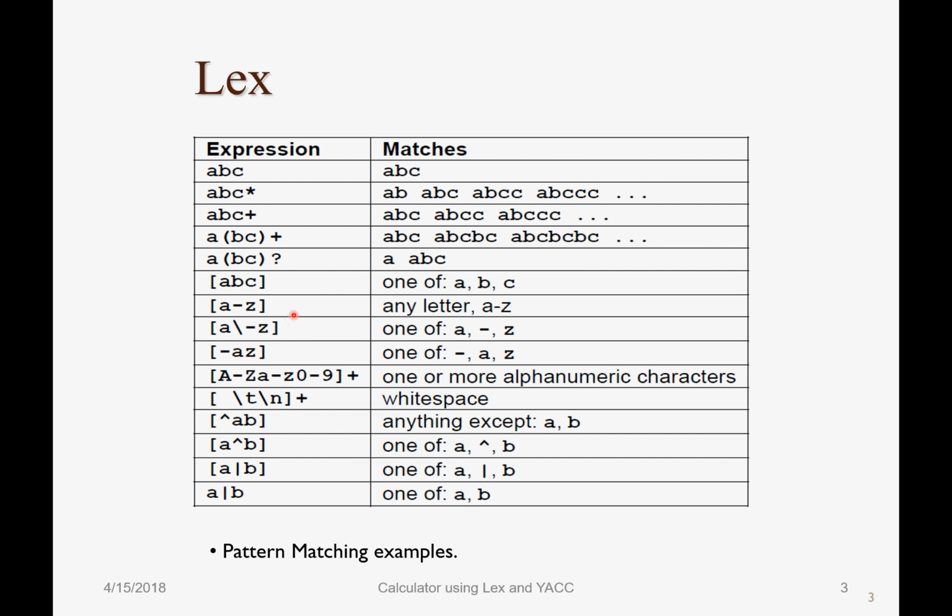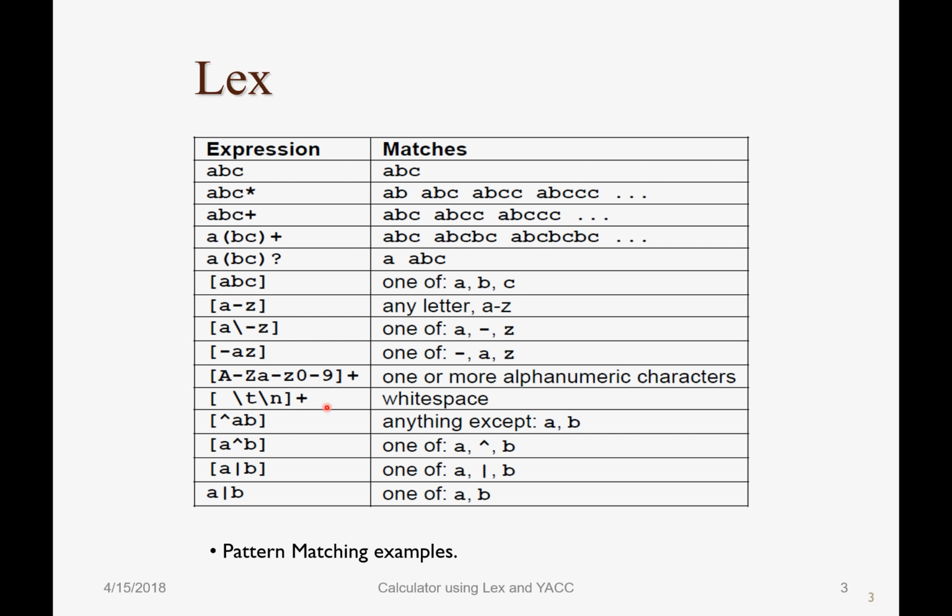Same here, A-Z, any letter from A to Z. Here [A-Za-z0-9]+ means one or more occurrences of capital or small letters as well as 0 to 9. This is an alphanumeric character because here we can combine anything.